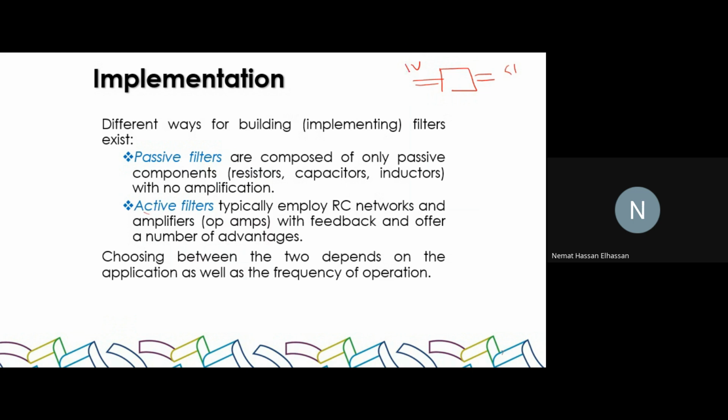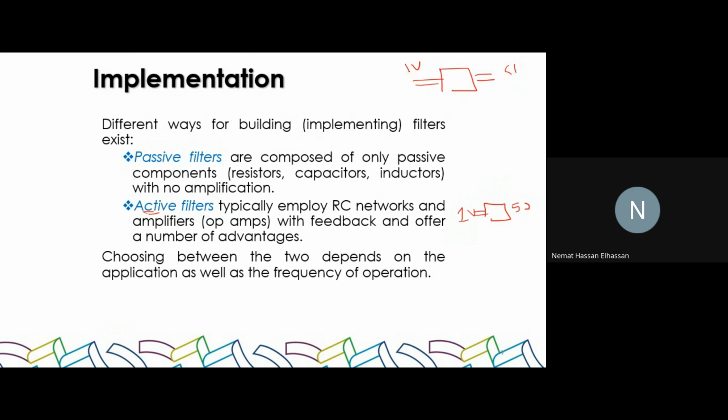But when you use an active filter, you add to the standard components of resistor, capacitor, and inductor an operational amplifier with the purpose of enhancing the signal, which means that if your input is 1 volt, your output could be 5 because you're boosting the signal with an amplifier. That's the only difference between passive and active. So the filtration process, how you can create a circuit that will eliminate certain frequencies, is solely based on resistors, capacitors, and inductors.